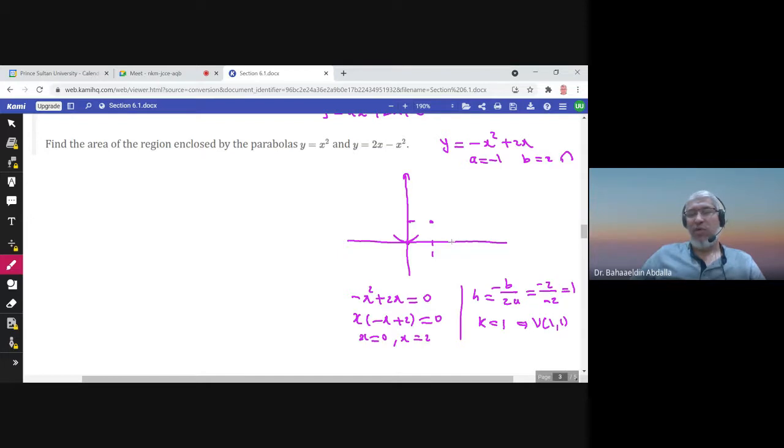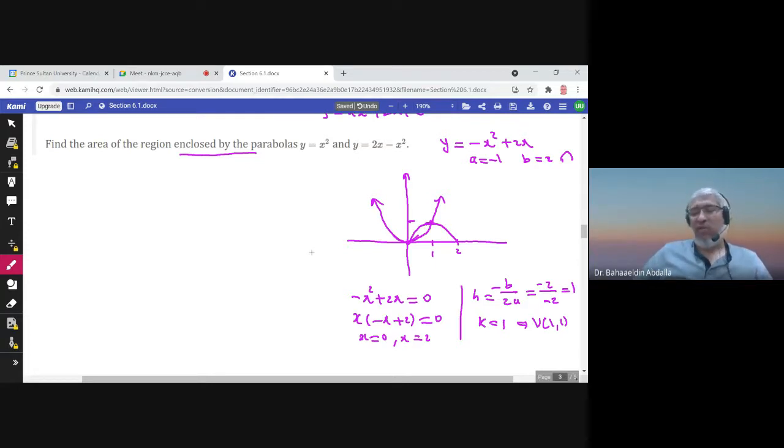So this is one x-intercept, and this is the second one. So this is the graph of this parabola, and this is the graph of the other parabola. We can see from the graph that this is the region between them, the region enclosed by these two parabolas.